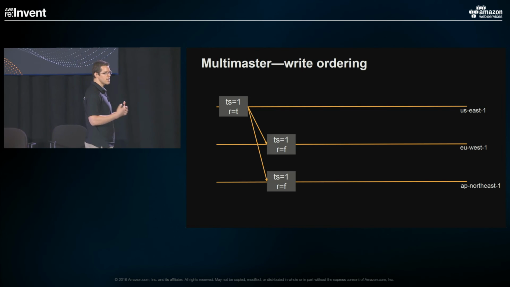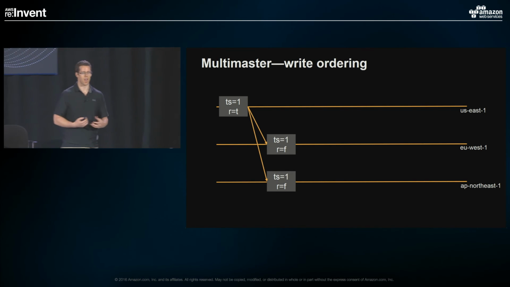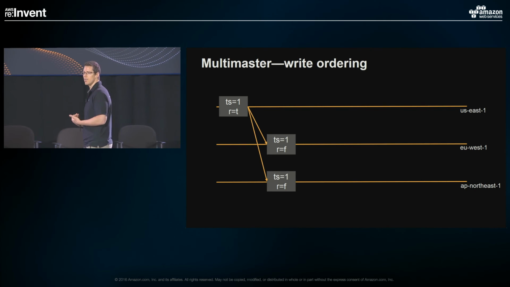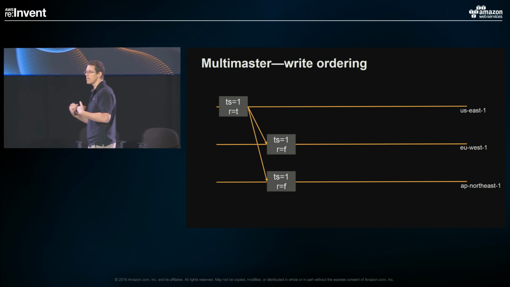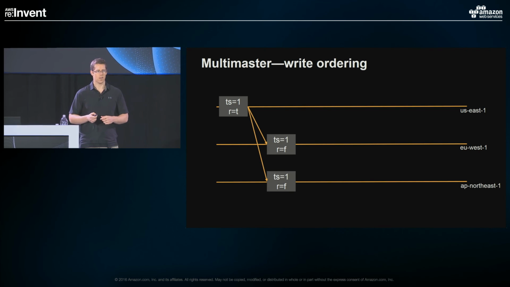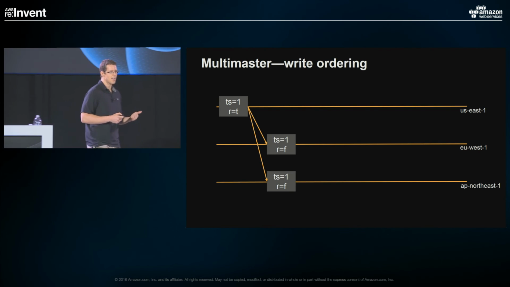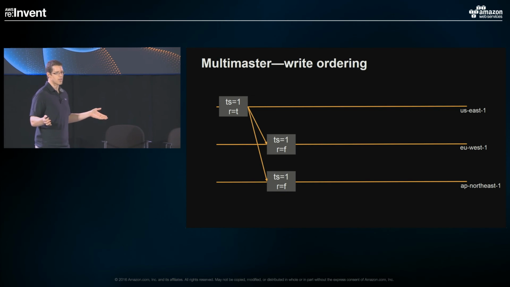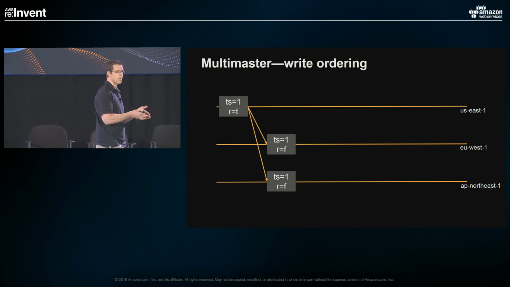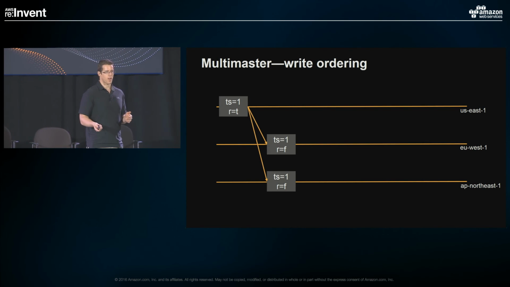This is not a single data center multi-master database where you can potentially get conflicts per second because you're accepting writes frequently at multiple masters. Unless a user, for some reason, is GeoDNS or latency DNS routed to different regions in a short time frame, most of their writes are just going to go to one region. So most of the time, we're going to go down this happy path, and things just work simply.